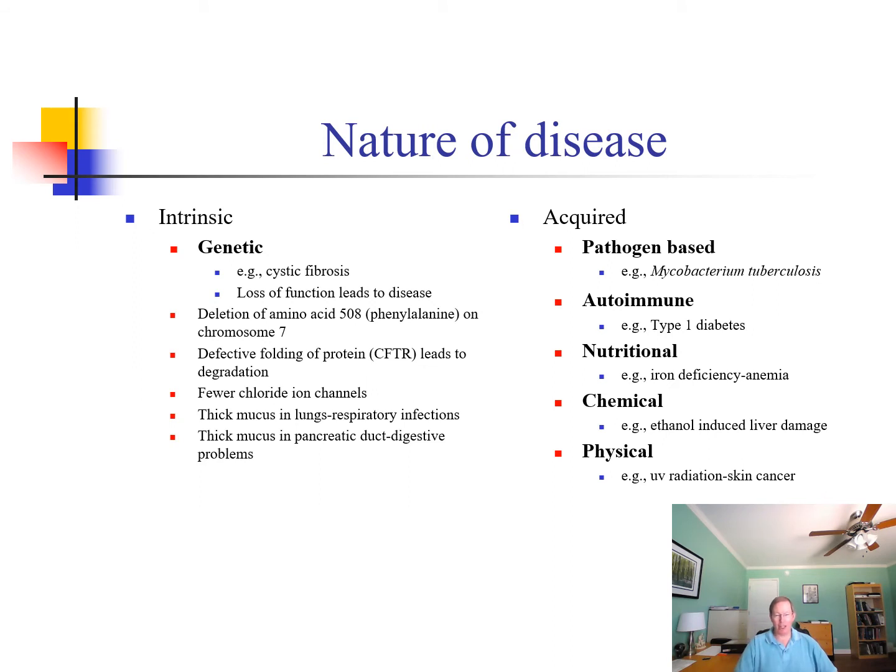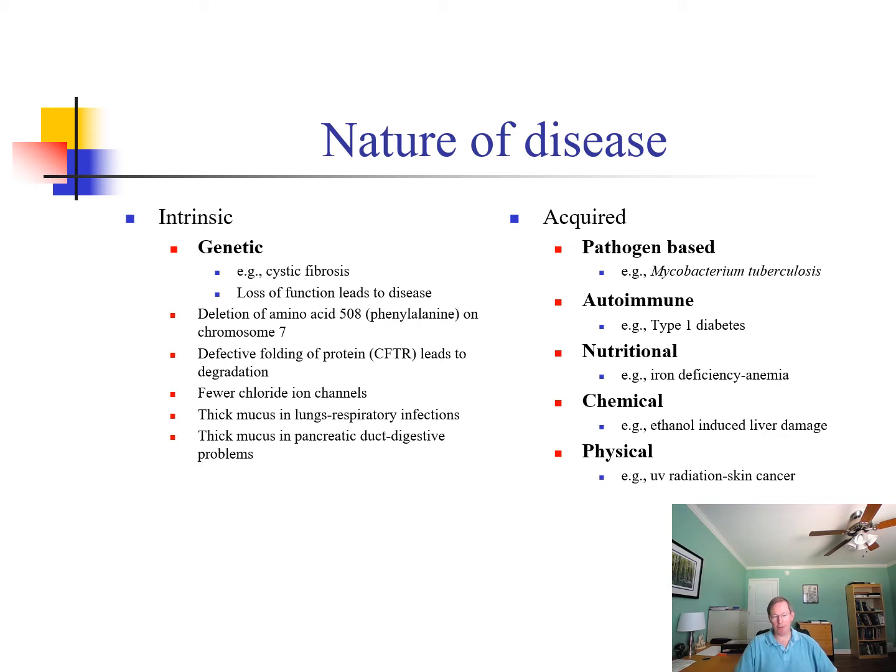Now, within the nature of disease, we can think about it in terms of being a genetic or intrinsic disease. For example, for Caucasians, cystic fibrosis is very common. This inherited condition leads to a loss of function, which causes the disease.